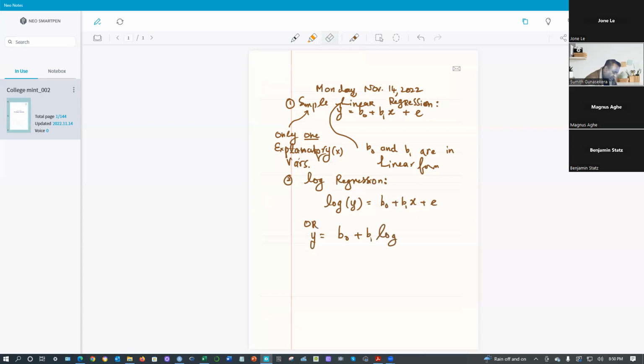Or log y for both, you can take the log on both.